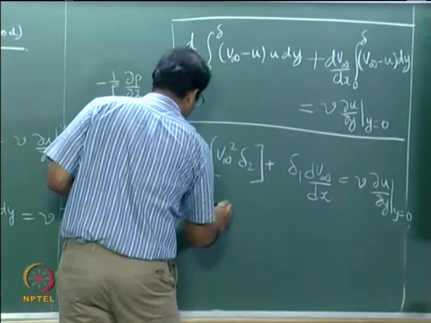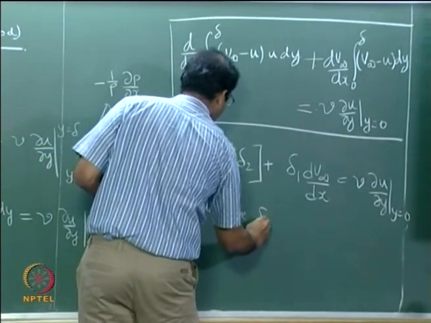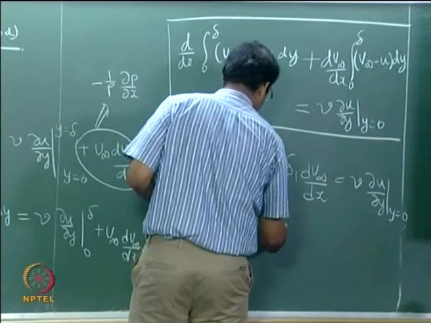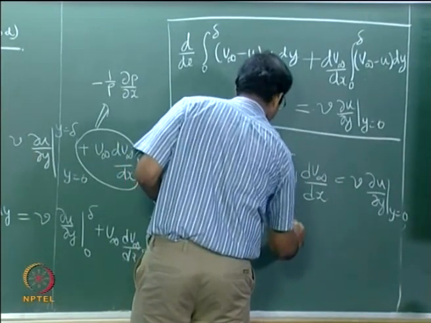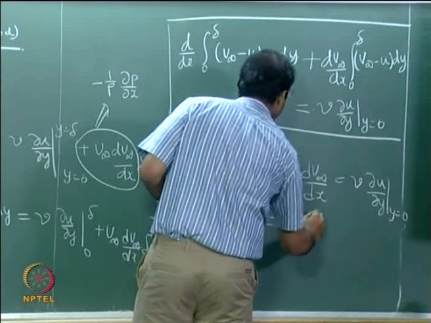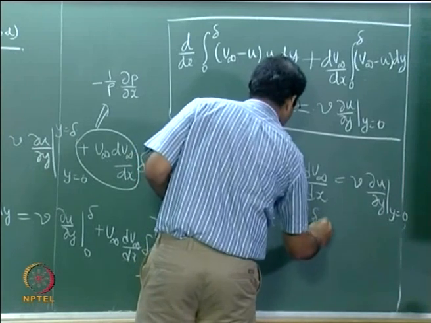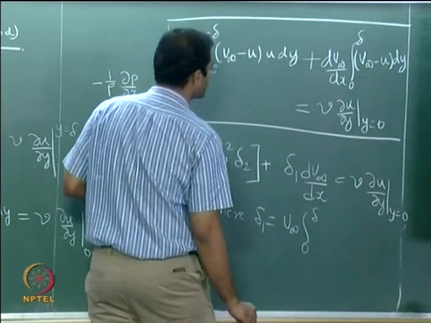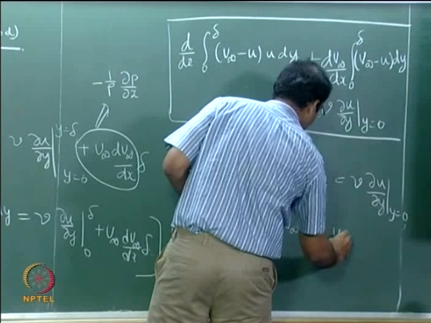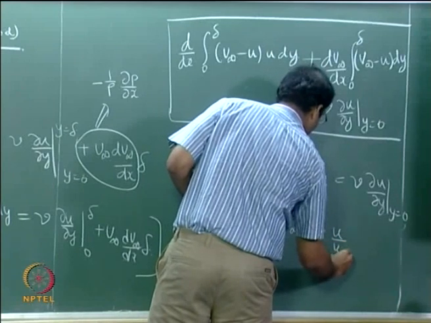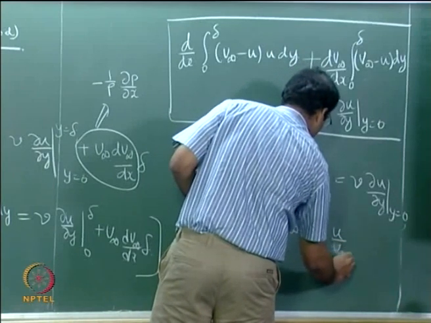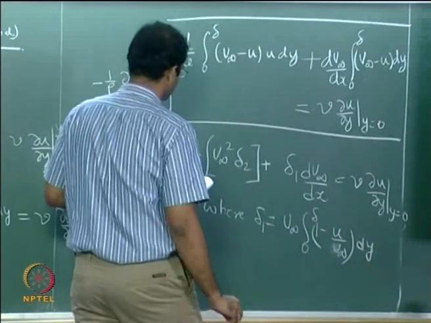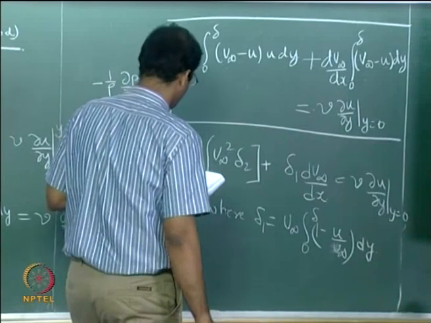Where my delta 1 will be, multiplying and dividing by u infinity, u infinity integral 0 to delta, u infinity by u infinity which is 1 minus u by u infinity, into dy.